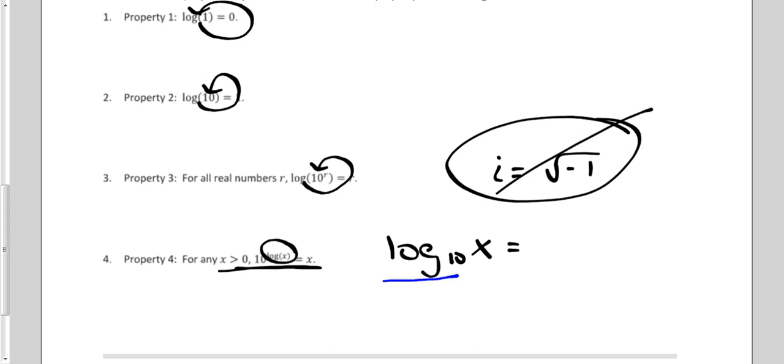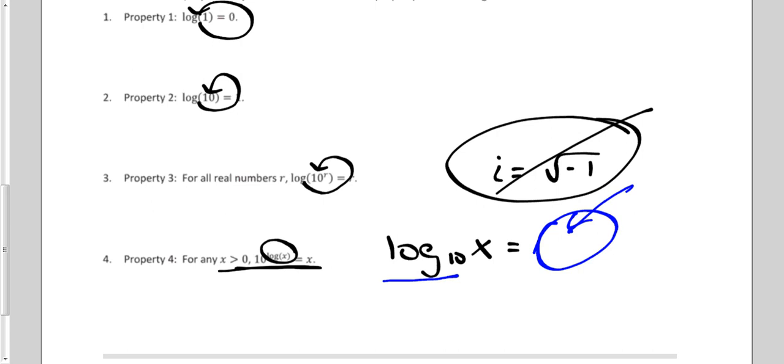Gentlemen, please. This is the trickiest part of this lesson. So this is asking me what power of 10 gets me x? You don't know because you don't know what x is. You just know that it's something, right? You don't know what x equals, and therefore you don't know what this number is.